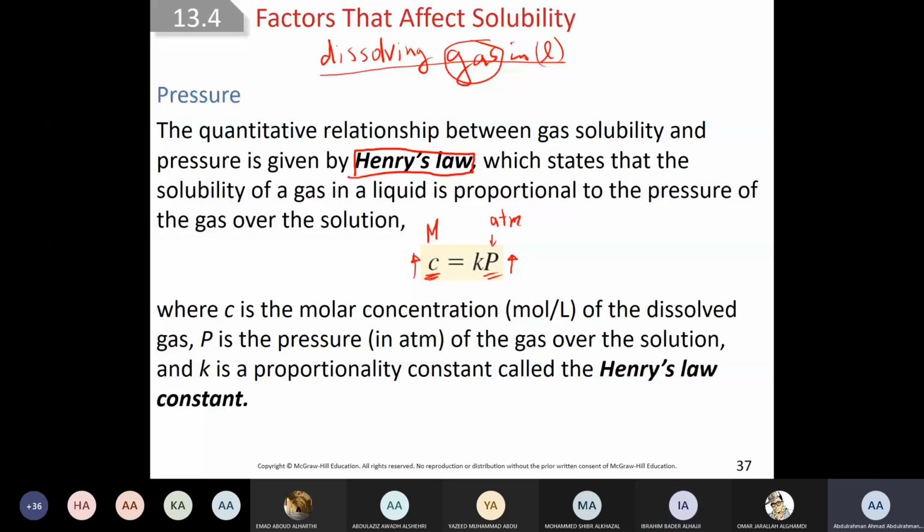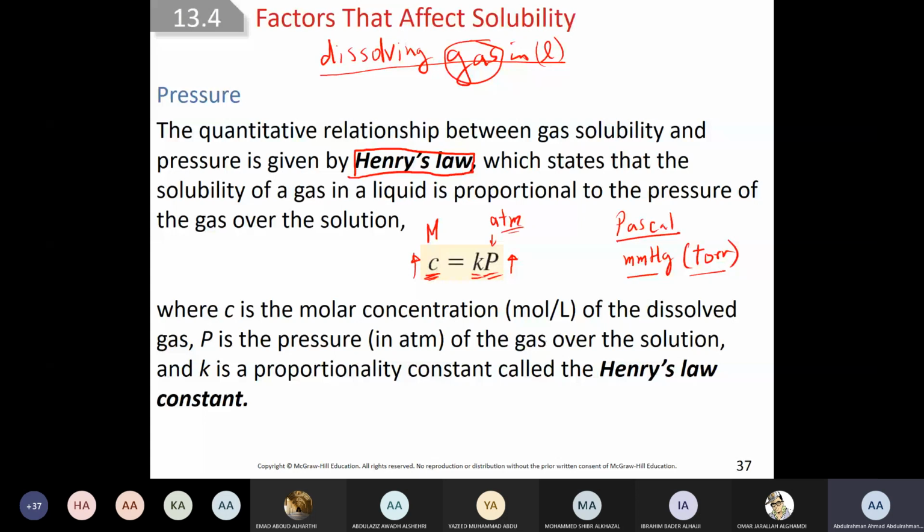Pascal, or millimeter mercury, mmHg they say, or what's the other name for it? Torr. All of these you must know, and they're all related, but we use ATM, depends.